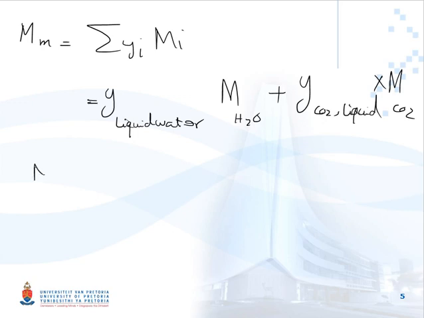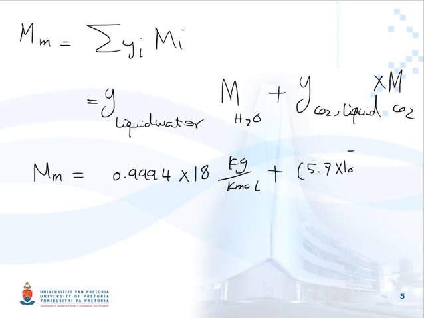So the molar mass of the mixture will be 0.9994 multiplied by 18 kilogram per kilomole plus 5.7 times 10 to the power of minus 4 multiplied by 44 kilogram per kilomole. What we are going to have is 18 kilogram per kilomole.